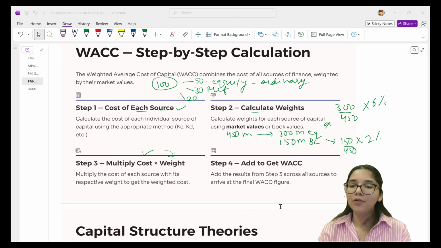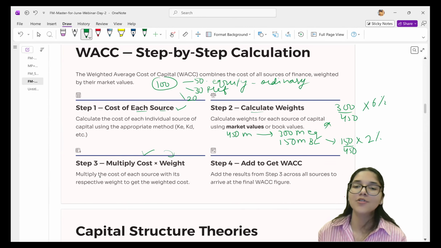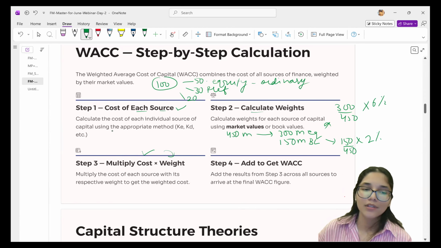Niyati says, I have a doubt that while calculating weights, we have to take the total of market value and divide with each. So what do we have to take in numerator and denominator in Excel? So basically in your Excel files, you can type it out this way, that your numerator will be first of all 300, that is the equity.